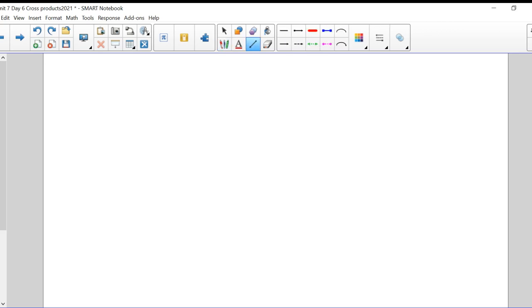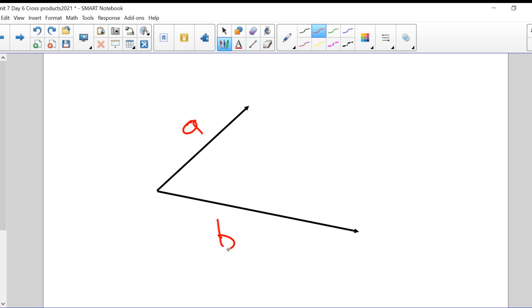When you take two vectors, vector A and vector B, and you find their cross product, it turns out that the magnitude of the cross product actually works out to be the area of the parallelogram that you would form between these two vectors.